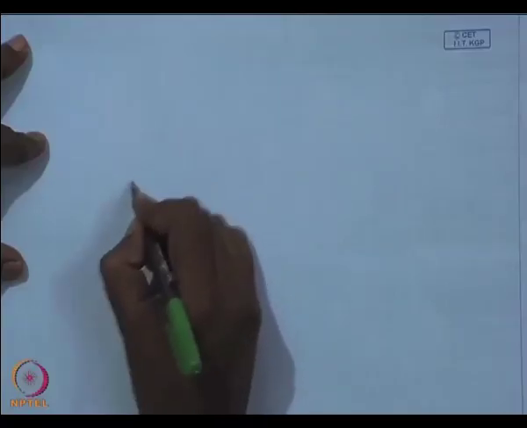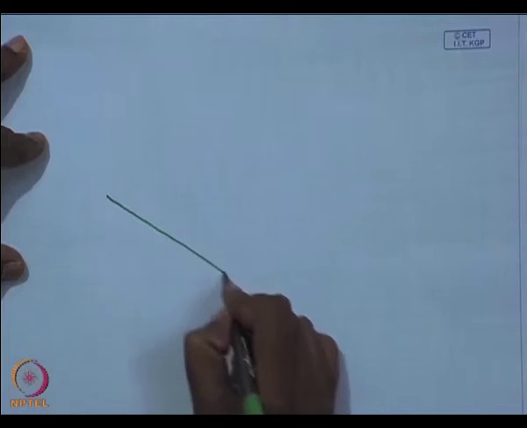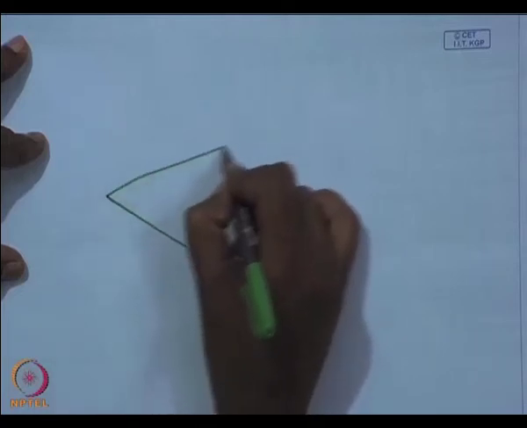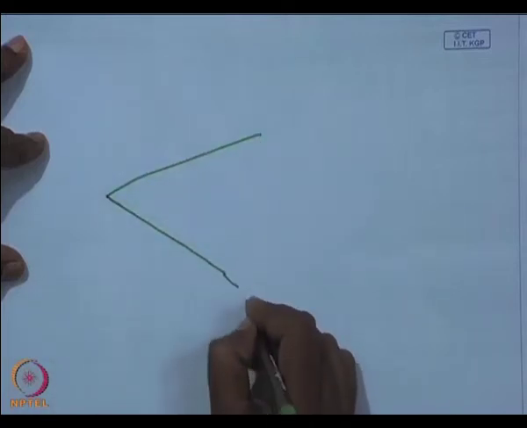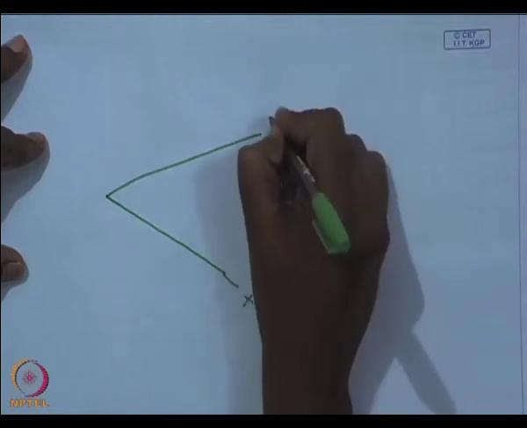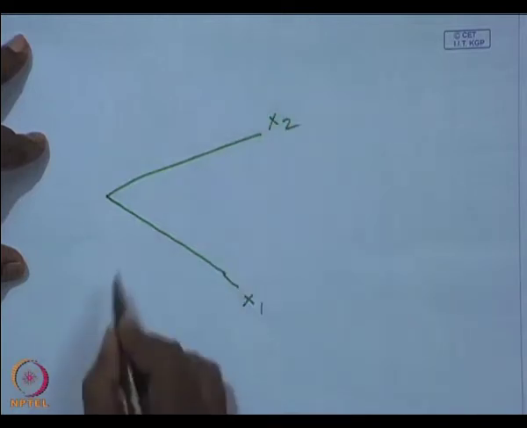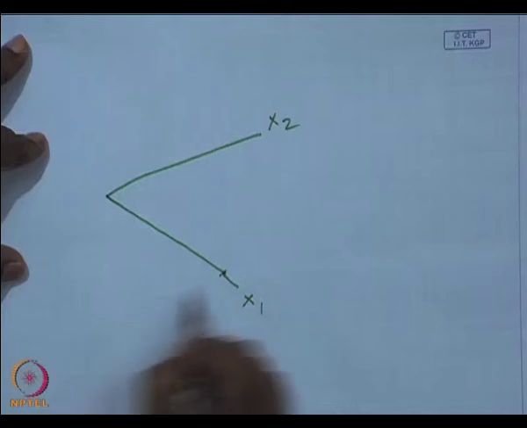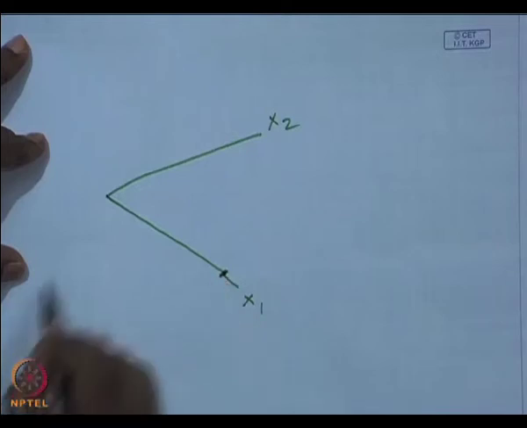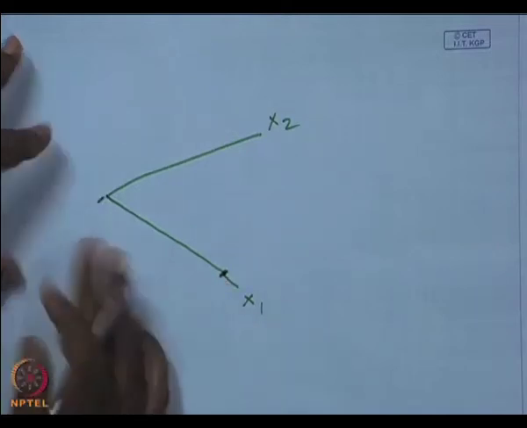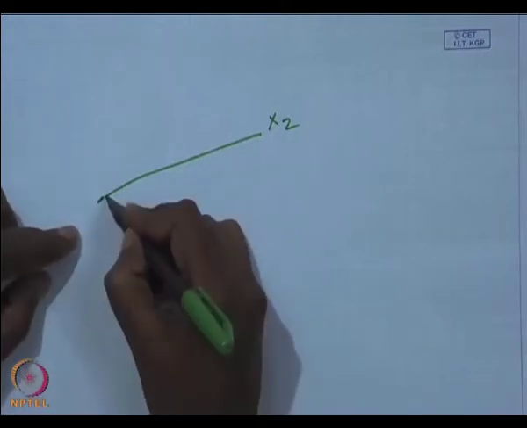So, once I have that, let us put it like this. This is x1, this is x2. Let us assume this is the maximum value of x1 and this is the minimum value of x1, so it is 0 to maximum.